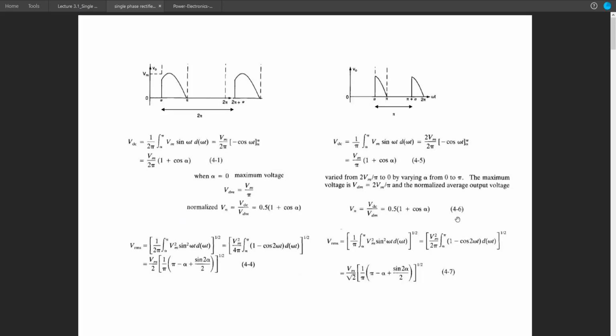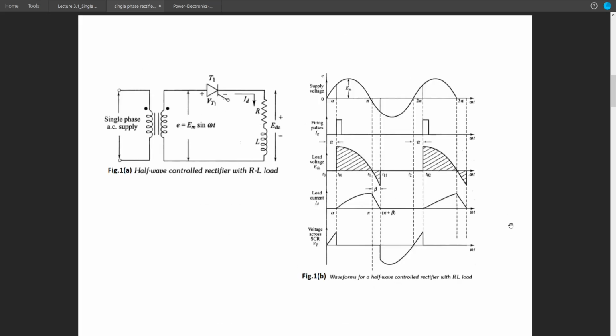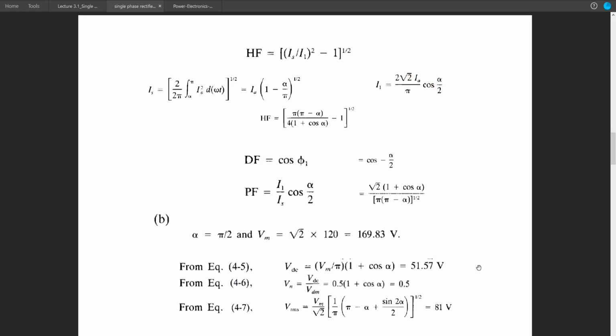These are the same equations. So if we get back to our problem, we can easily determine the values for VDC, VRMS or normalized VDC, as both the value of Vm and alpha are provided.